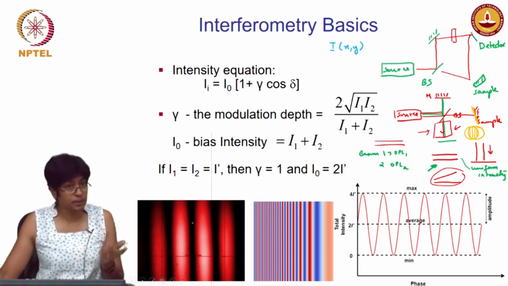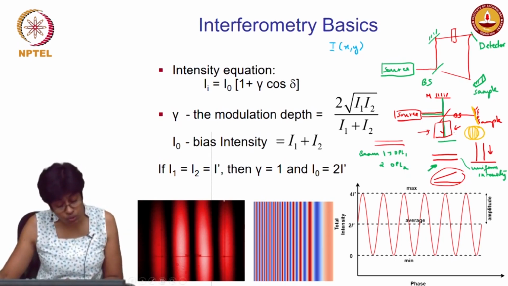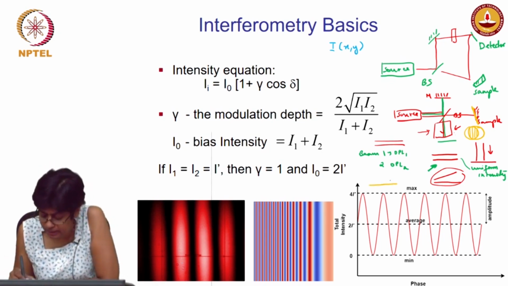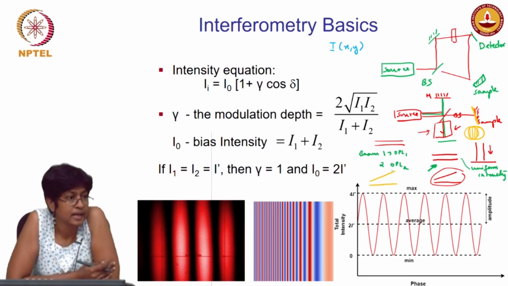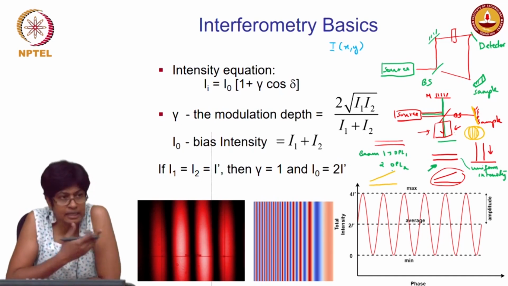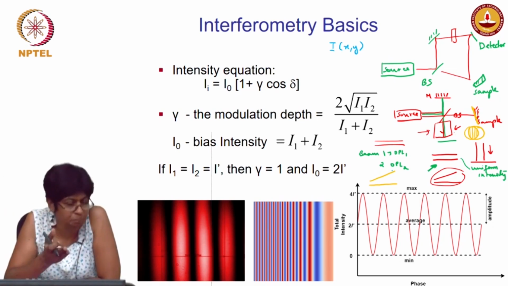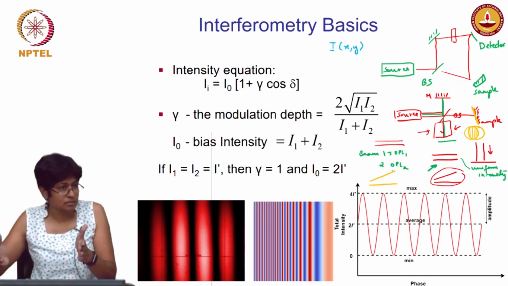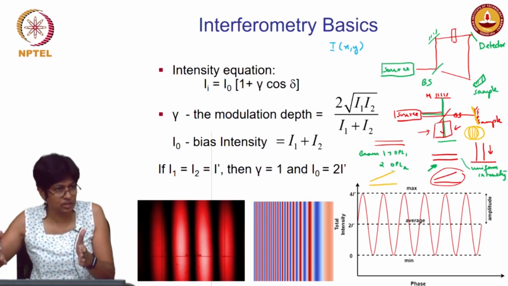So let's go back to my original question. What could cause this fringe pattern now? We have already answered it. If I have one wavefront like this and one wavefront like this, how is the path length difference varying? It's a linear variation. So I would expect that if constructive interference happened at some point or some line, at some distance away, the next constructive interference is going to happen.